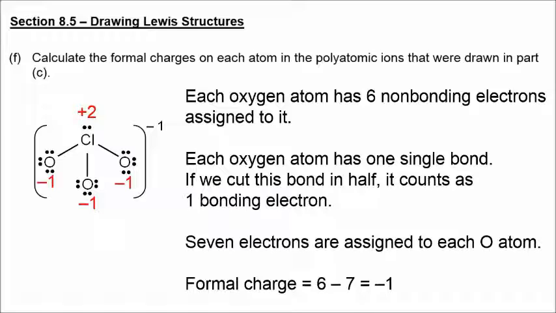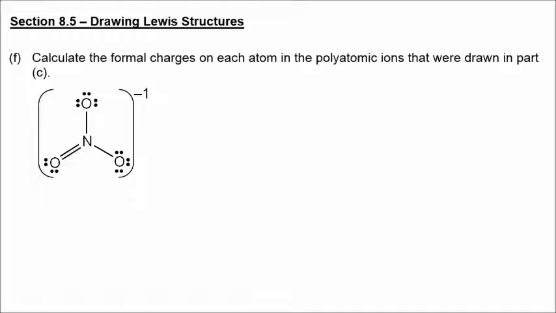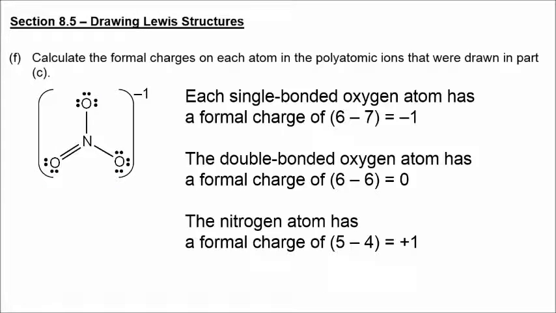So we've assigned formal charges to each atom, and if we add up those formal charges, they should equal 0 for a neutral molecule, or they equal the overall charge on the polyatomic ion. In the nitrate ion, we have negative 1 for the single bonded oxygens, we have 0 for the double bonded oxygen, and we have positive 1 for the central nitrogen atom.